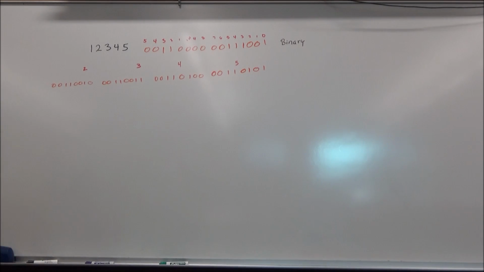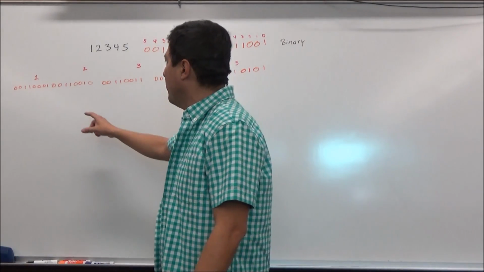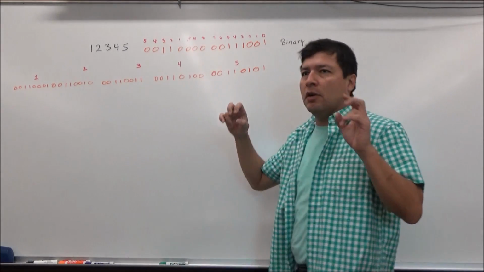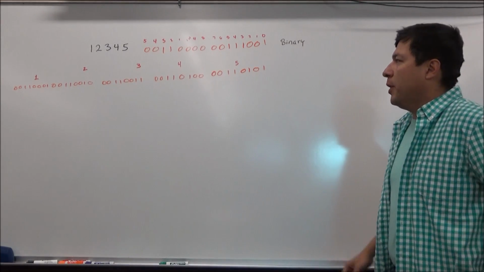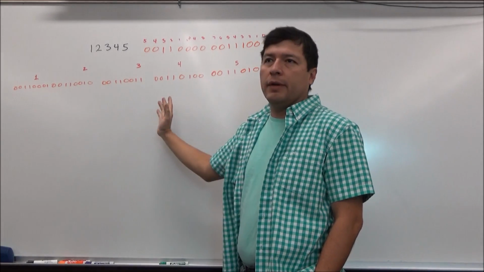Yeah, I can fit the 1 maybe. So if I were to save this 1, 2, 3, 4, 5 as text, it will save it like this, right? The binary for each character number. If I were to save this as binary, it will save it like this. So it's quite smaller, right?